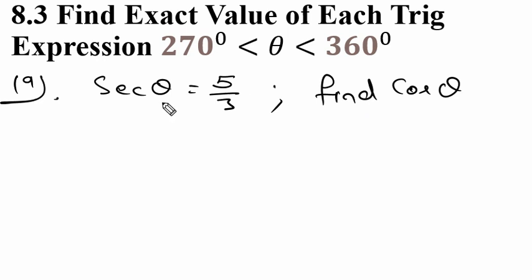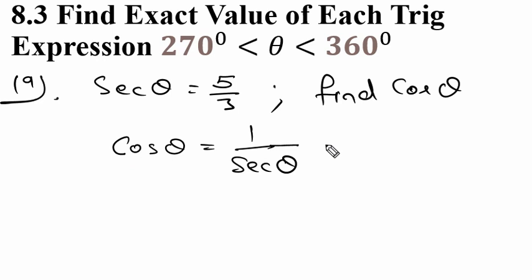Yes, a very simple relation: cos theta is the reciprocal of secant theta. So my answer will be 3 over 5. That's it. Secant theta is 5 over 3, and cos theta is the reciprocal of secant theta. You don't have to solve anything in this one.